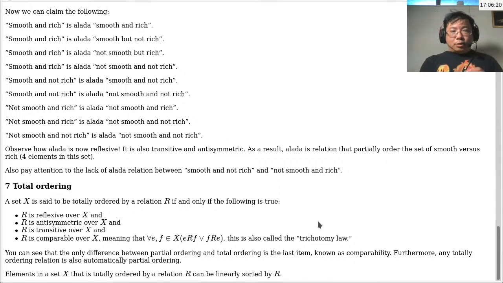Do we have any questions about partially ordered versus totally ordered? Okay. The application of what we have just talked about has to do with sorting. Anytime you want some kind of ranking, anytime you want to find the best or the most of something, you need to make sure that whatever comparison operator you're using, whatever method you have to relate items, is totally ordered.